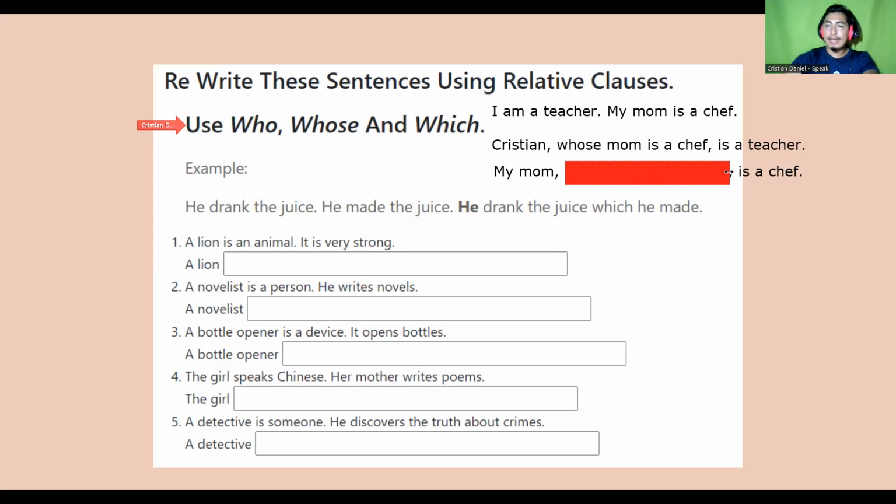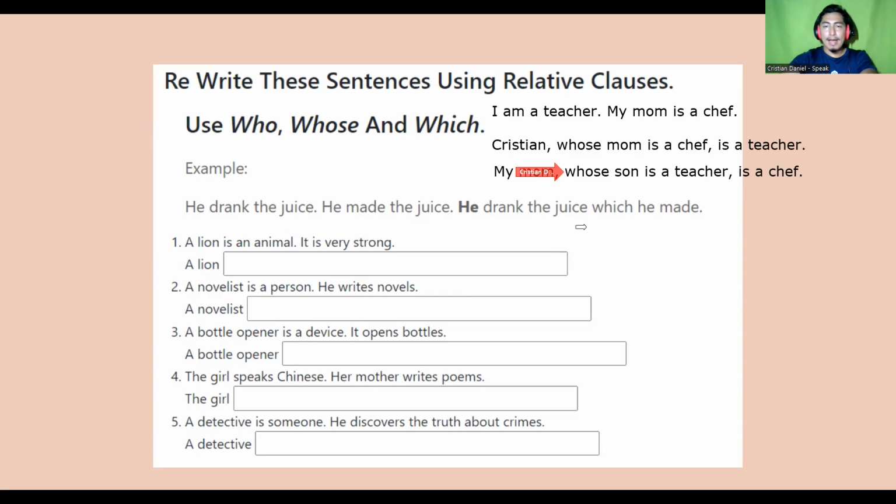My mom is a chef. Does it make sense? Yes. So this is only extra information. That's why it's a non-defining relative sentence. But as you can see, we use whose to talk about possession and also to talk about relationship.